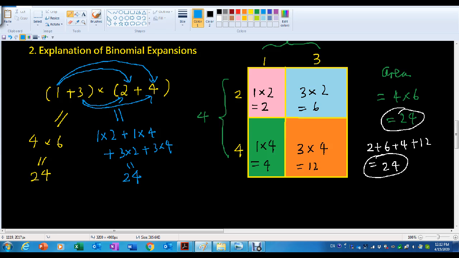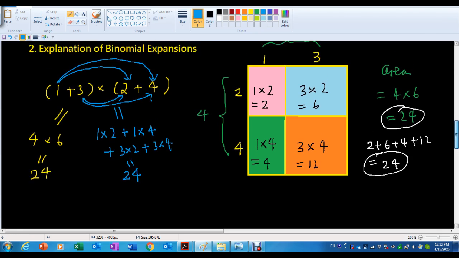So you see the idea. Basically, if we have 2 binomials multiplied together, all you need to do is multiply each term in the first bracket with all the terms in the second bracket.